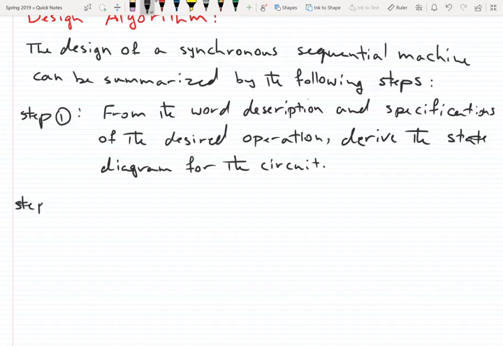Step 2: obtain the state table from the state diagram.